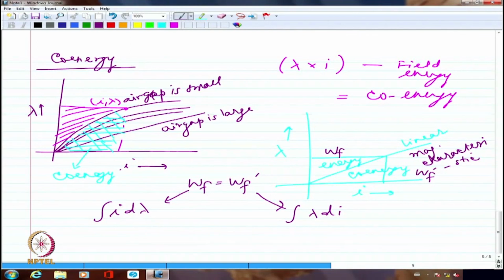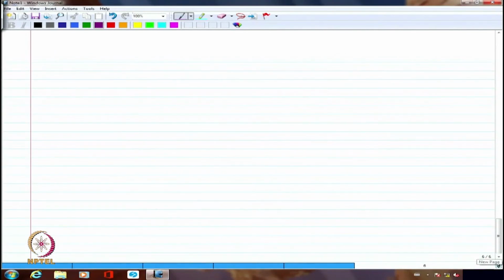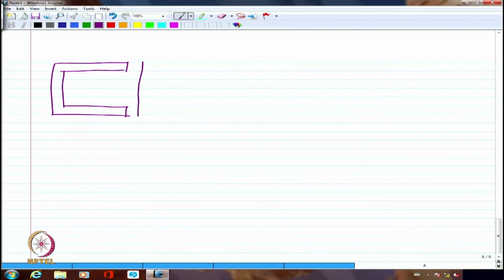Now we are going to migrate to a case where there is movement. Let us say I take the same structure. This is a C-shaped magnet, and I am going to have one more movable part. This movable part is held stationary by a spring that attaches it to a frame.